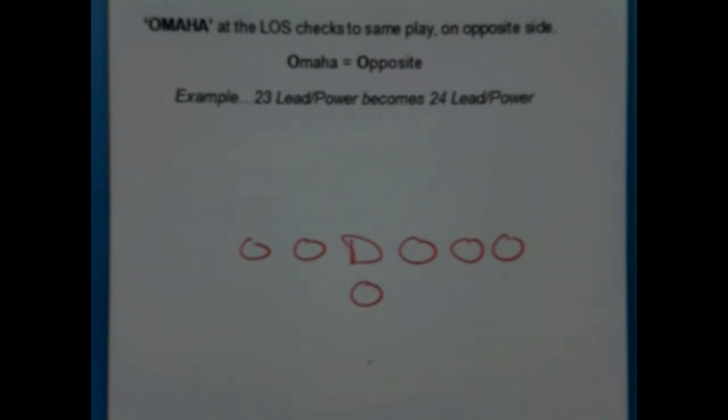Again, here you are. You were going to run, and let's do it the other way. In the huddle, the play you called was 24 lead. Okay, you want to run over here.